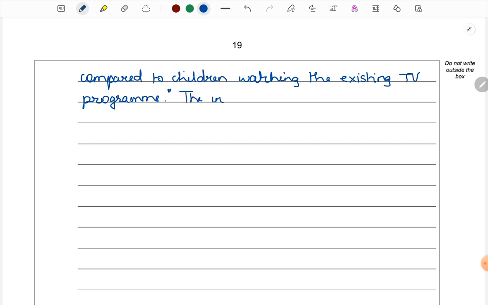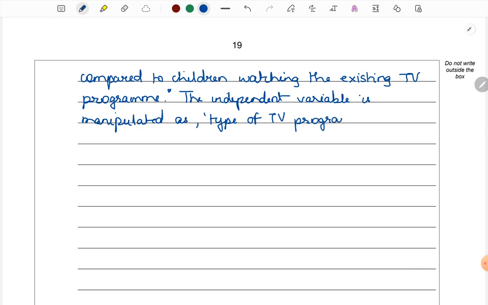The independent variable is manipulated as type of TV program watched at two levels: new TV program and old TV program.